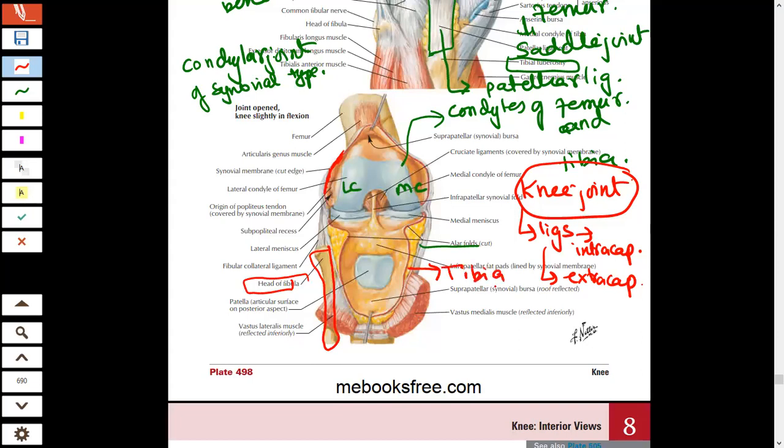So tibia will be present medially, and the fibula will be present laterally. Okay, so one ligament is going to cover here like this one, which I draw here in the diagram like this one. This ligament, because it is present laterally, तो आप इसको नाम दे दोगे lateral collateral ligament.